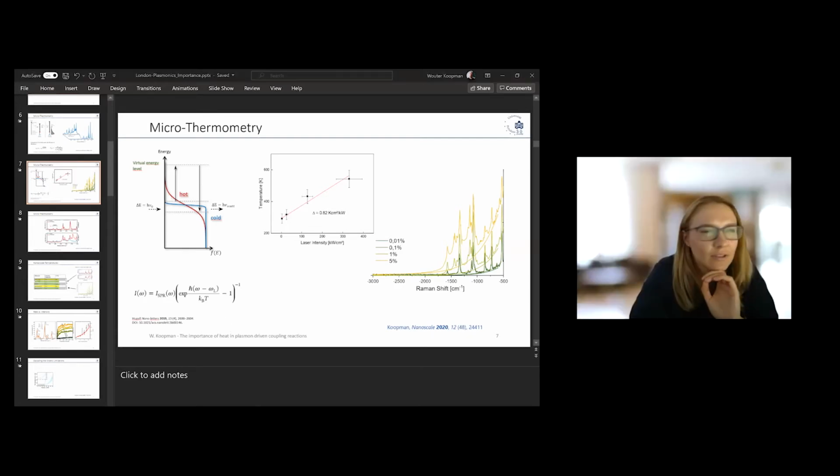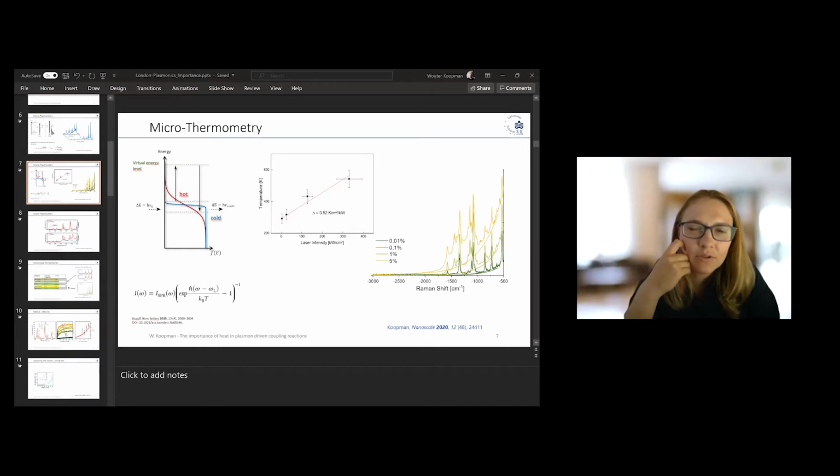I have a related question before we move on to the next one. In previous works, you have shown that you do get a similar thermal rise of the background in the Stokes lines as well. So what is the difference here? I believe your previous works were on nanoparticle systems.